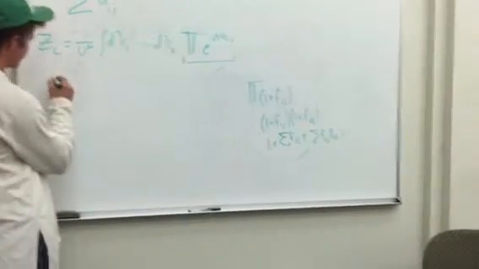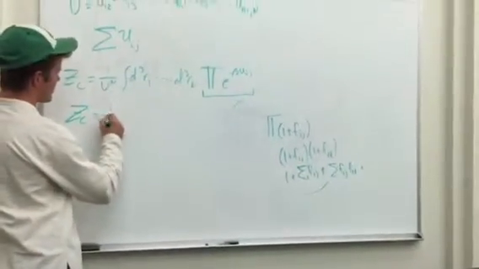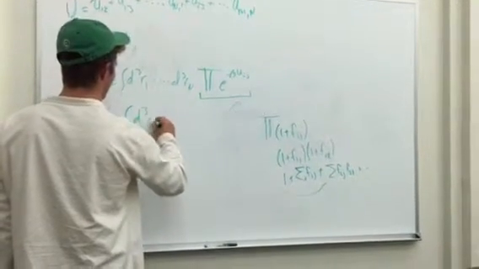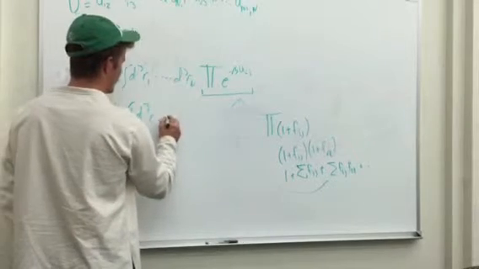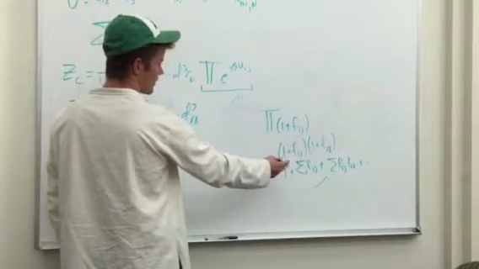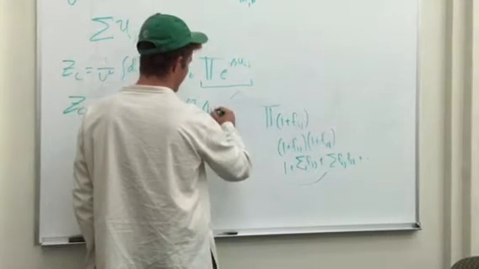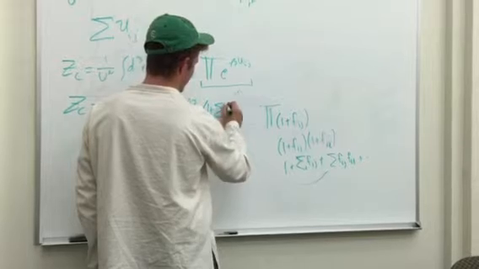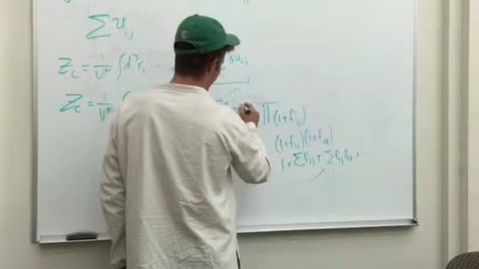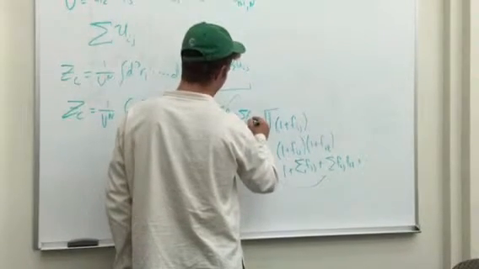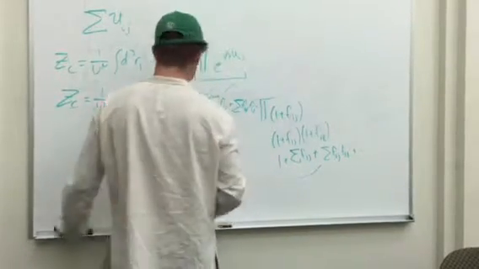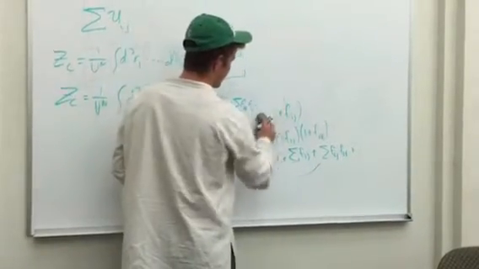This Z_c is equal to 1 over V to the n, integral d3r times all of this fun stuff, 1 plus summation of f i j plus summation of f k l times f i j plus dot dot dot. And this other stuff's getting in my way, so I'm going to erase this.